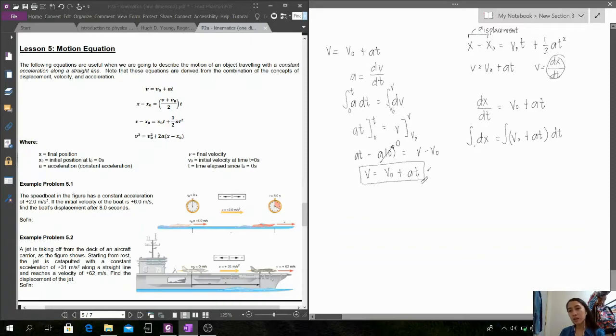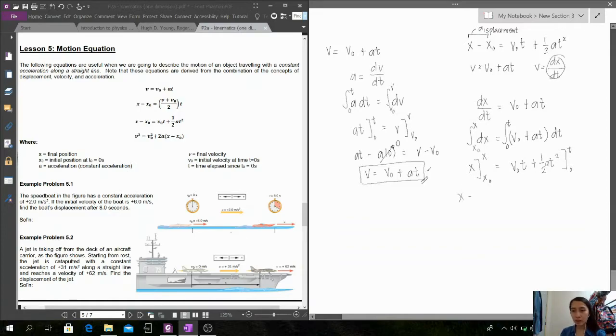So, from the initial position to the final position, and this is from 0 to a certain time t. So, we have x from the initial position to the final, and this is equal to v sub o times time plus 1/2 acceleration times t squared from 0 to time t.